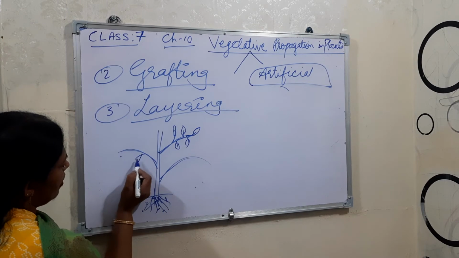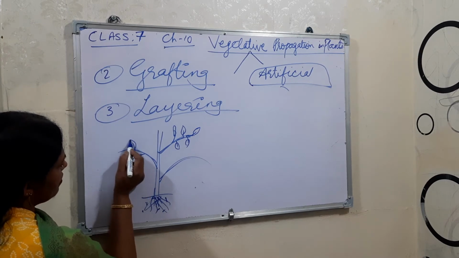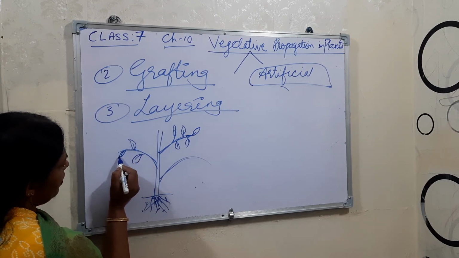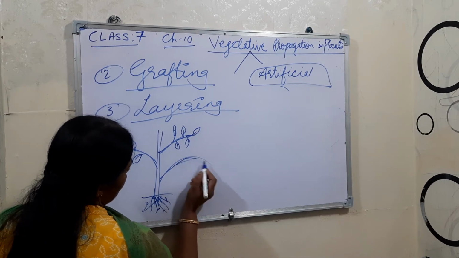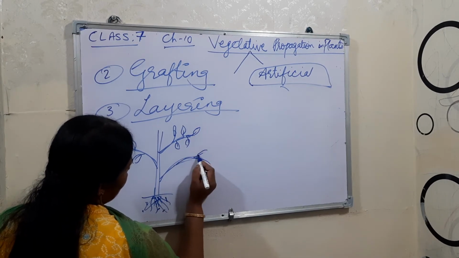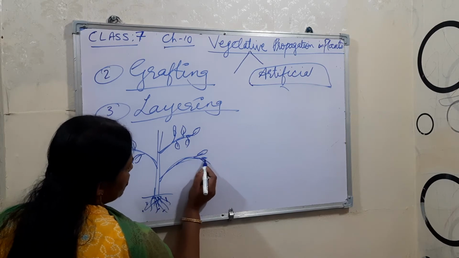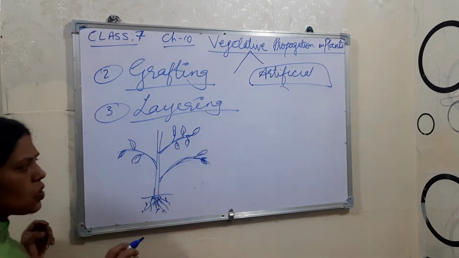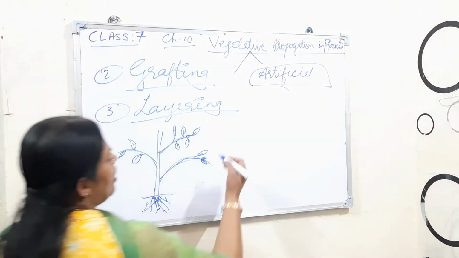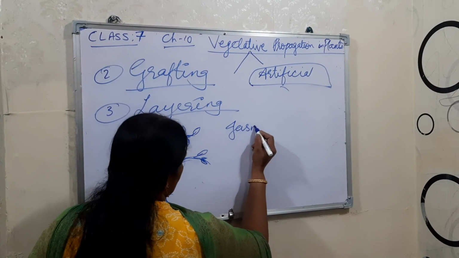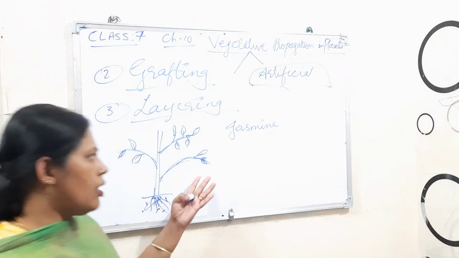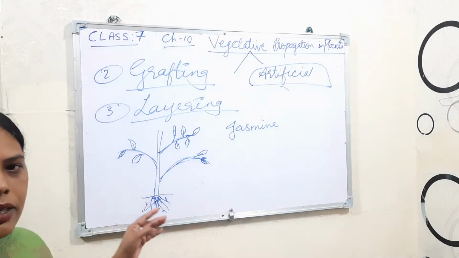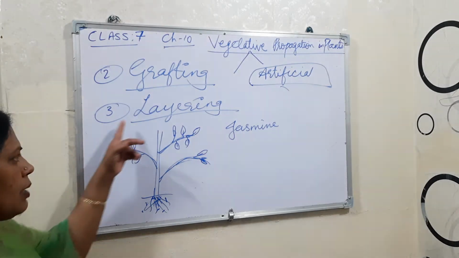Here again like this the leaf is produced, and from here also the leaf is produced. Mostly you can do this in jasmine plant. Okay, jasmine, lily, in that you can do this kind of layering.